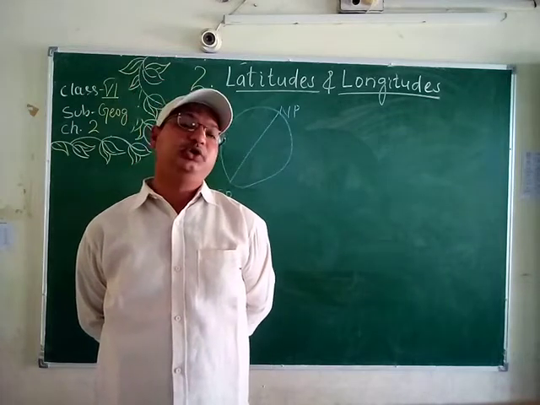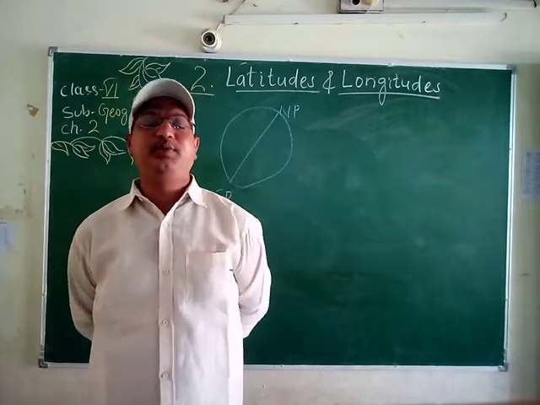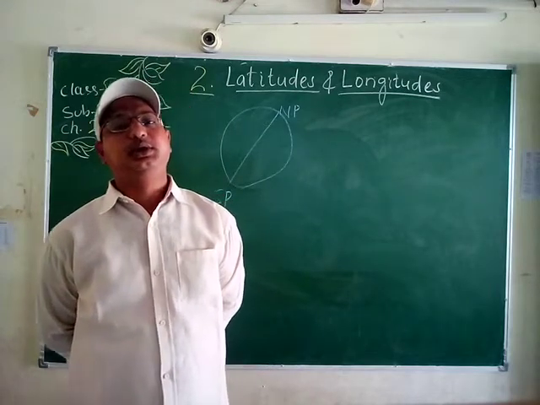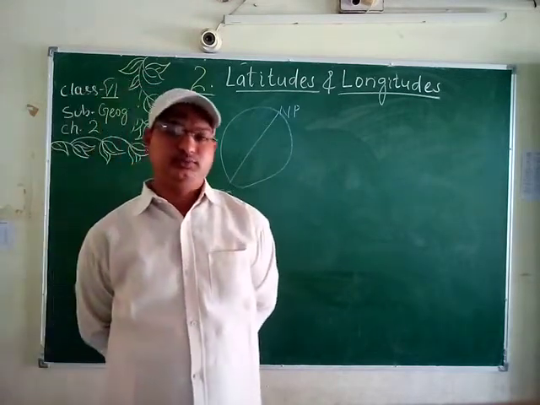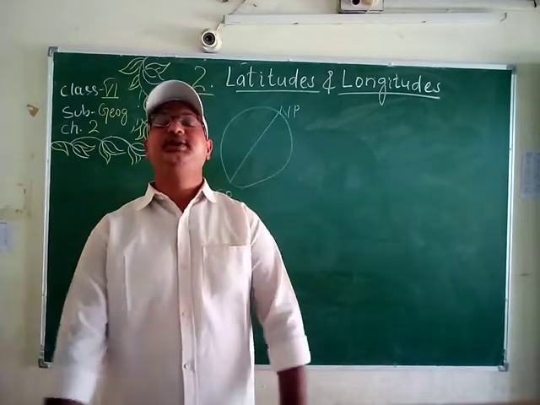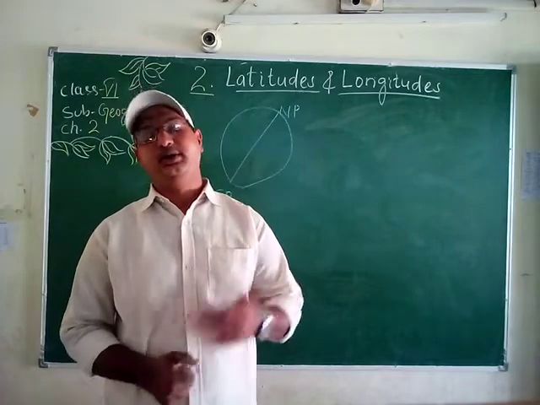It is difficult to describe the location of a point on a sphere like the Earth. Therefore, latitudes and longitudes are there to help us locate the various places and things on the Earth's surface.